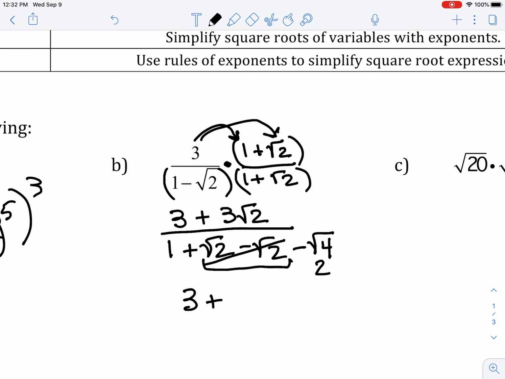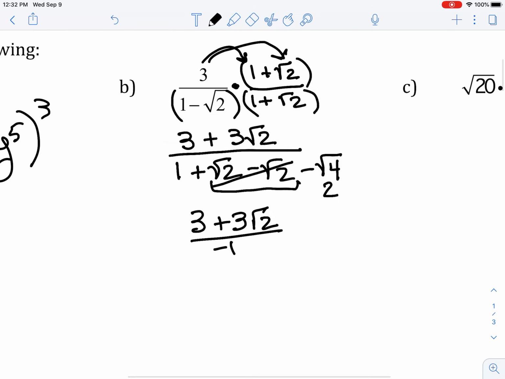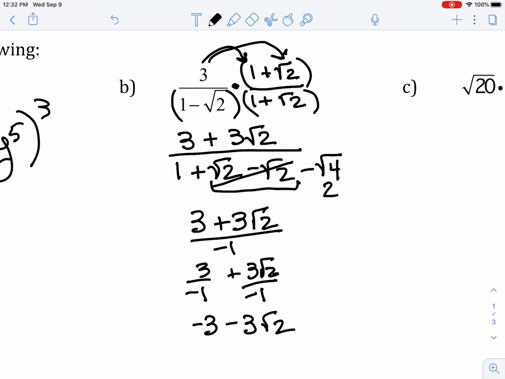So we've got 3 plus 3 root 2 over -1. Then we divide. So we're going to take 3 divided by -1 plus 3 root 2 divided by -1. So we're going to apply that denominator to each term in the numerator. And so we end up with -3 minus 3 root 2.